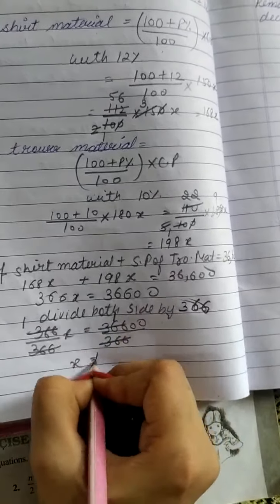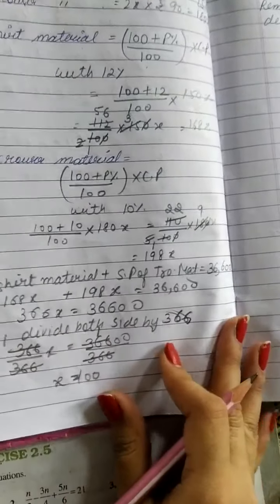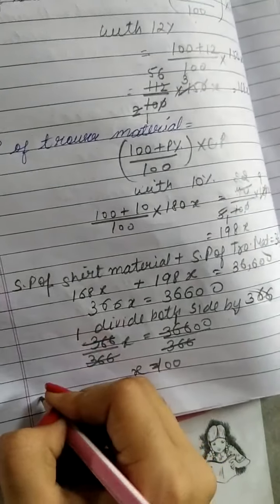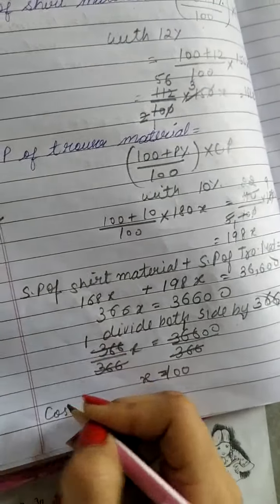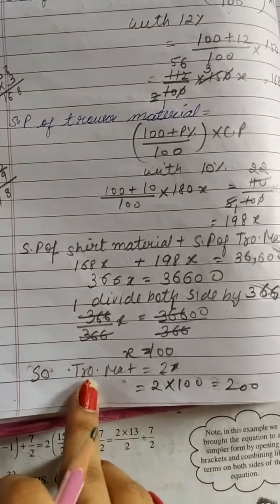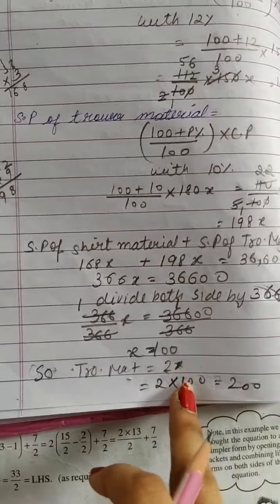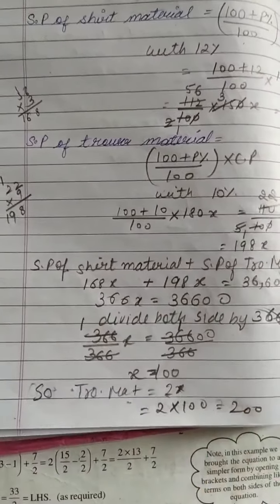So the value of x is 100. Now the cost of trouser material equals 2x. Put the value of variable x: 2 multiply 100 equals 200.